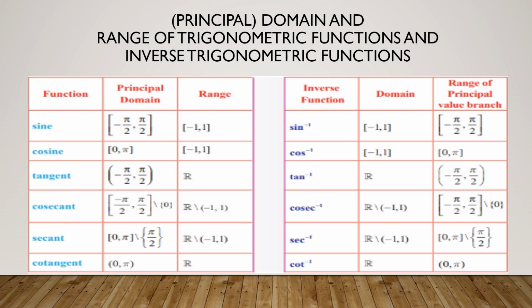For the inverse function, the principal domain will be the range and the range of the trigonometric function will be the domain of the inverse function. So this is the list: sine, cos, tan, cosec, sec and cot.